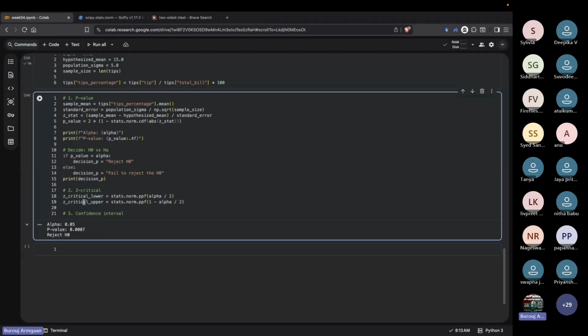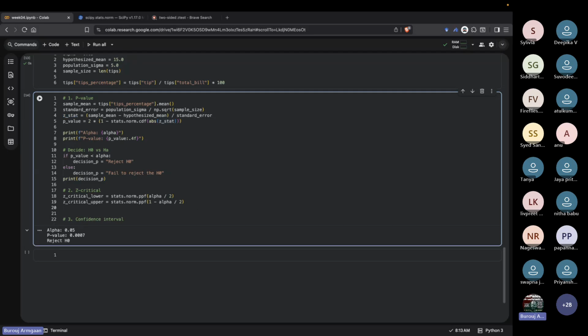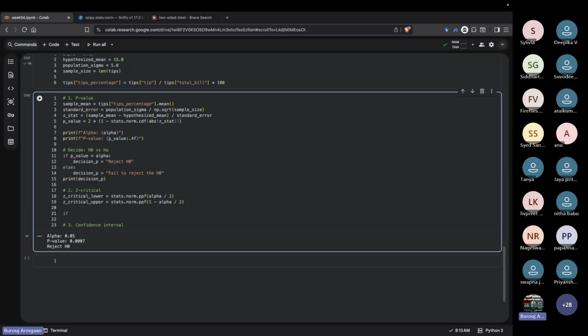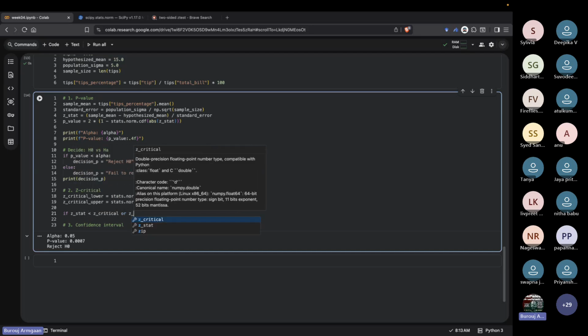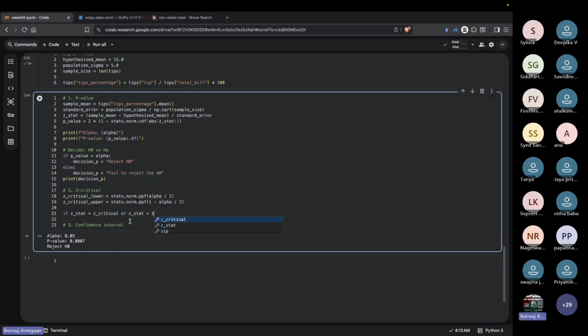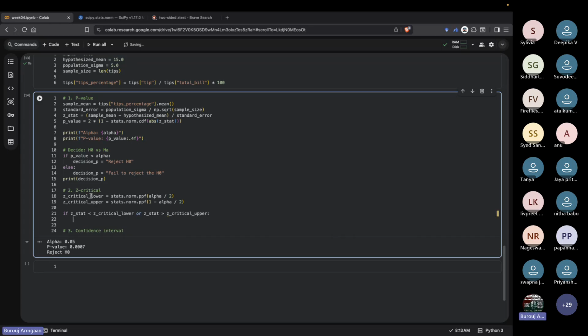So we have the z critical lower, z critical upper, and we already have our z stat that we computed earlier. How do we decide whether to reject or fail to reject the null hypothesis? If my z stat is less than z critical lower, or my z stat is greater than my z critical upper, in that case, I will reject it.